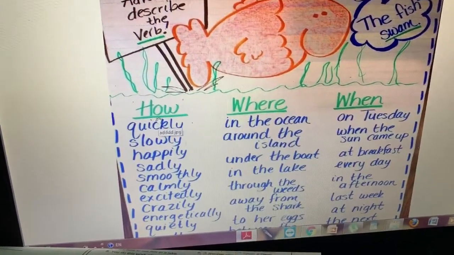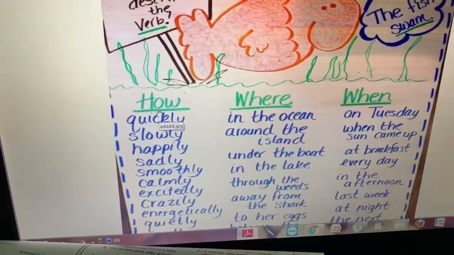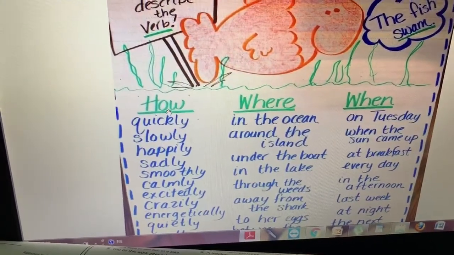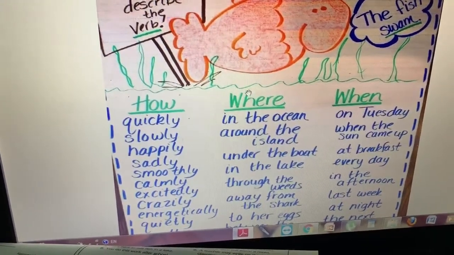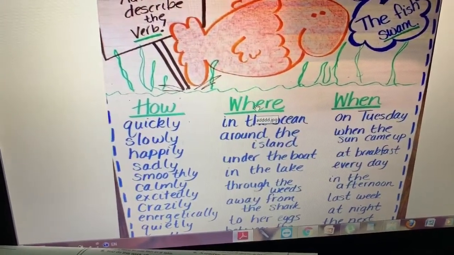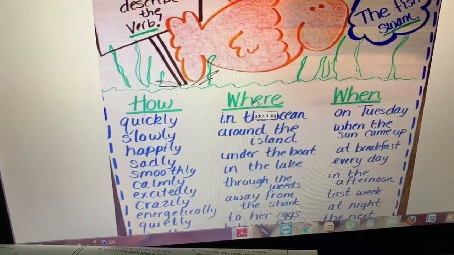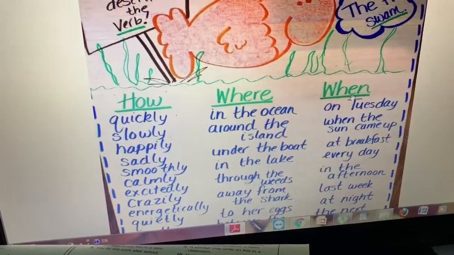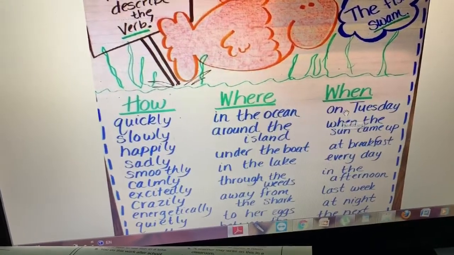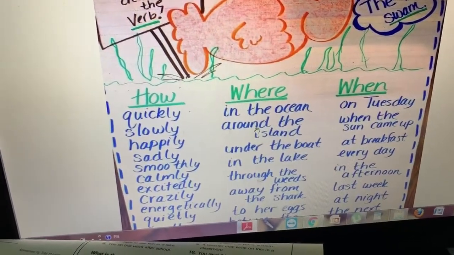What are the differences between them? Adverbs of manner tell how the action happens. Adverbs of place tell where the action happens. Adverbs of time tell when the action happens.